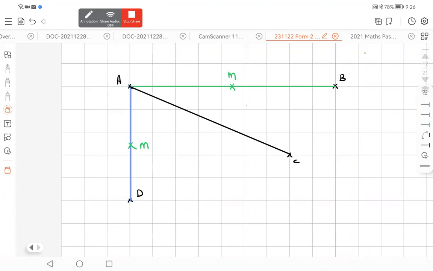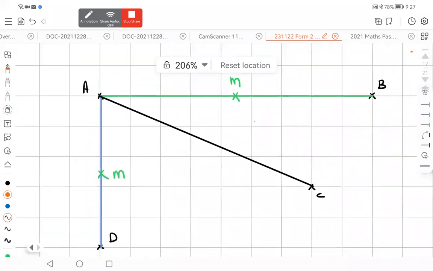Can I take it from C to A now, if I want to calculate the gradient? How do you know it's negative? That's my question. That means your concept is not strong yet. When I want to find the gradient of AC, can I just take it as CA?